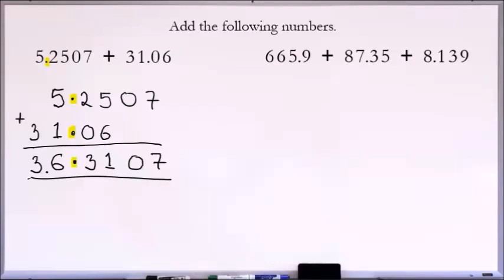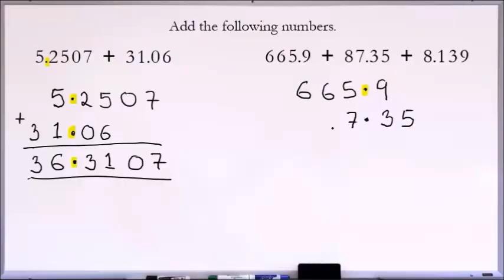So here we've got 36.3107. And over here we've got 665.9. So decimal point, and in the next one, decimal point first, and then we've got a 3 and a 5, 3 and a 5 to the right, and then to the left we've got a 7 and an 8.